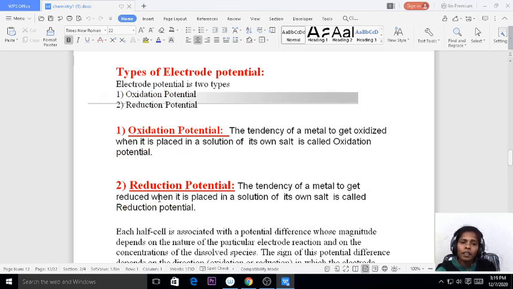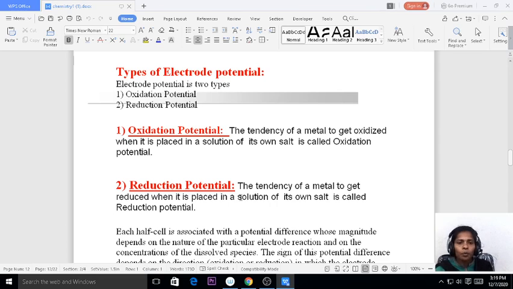Now the next one, reduction potential. The tendency of a metal to get reduced when it is placed in a solution of its own salt is called reduction potential. So in oxidation potential, the metal undergoes oxidation; in reduction potential, the metal undergoes reduction.